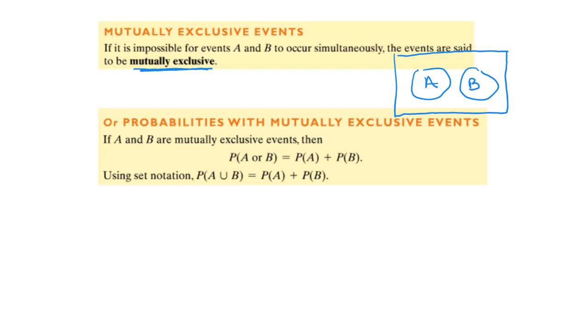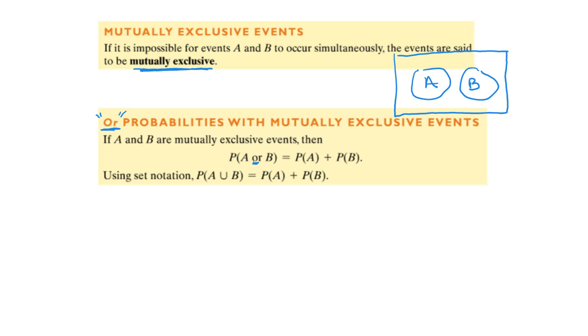All right. When we have mutually exclusive events, you have to look for this word or right here. It says or probabilities with mutually exclusive events. If A and B are mutually exclusive events, such as that Venn diagram, then you're going to just take the probability of A plus the probability of B, and you will have your answer.